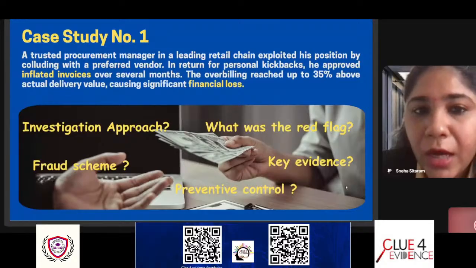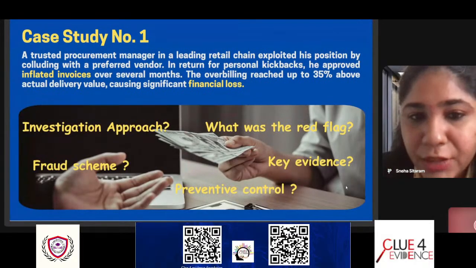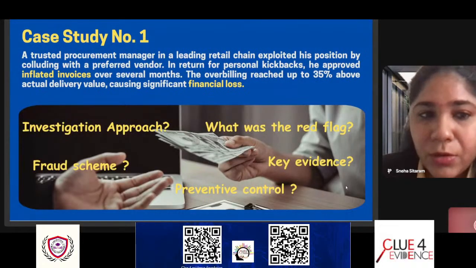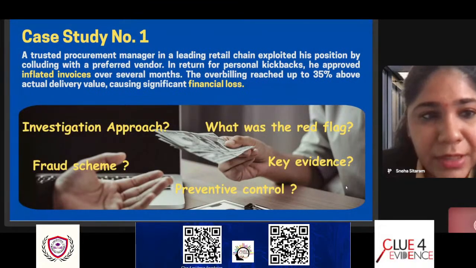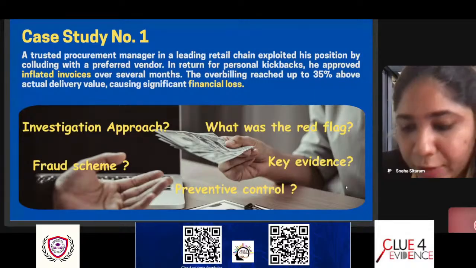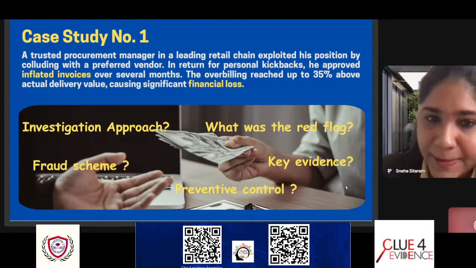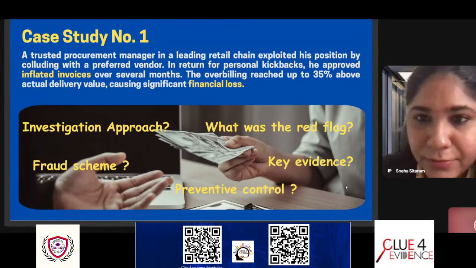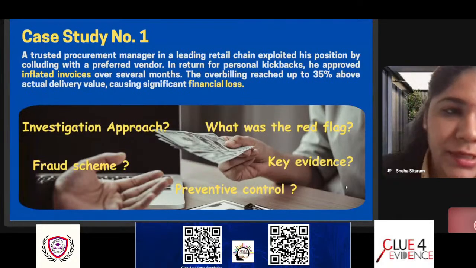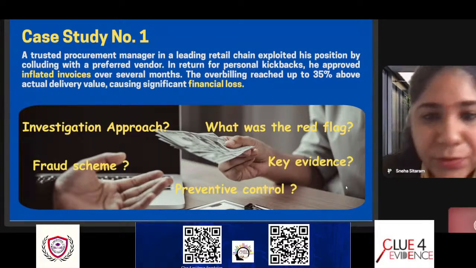So how do we approach this particular investigation to get the evidence is what matters over here. Can someone tell me what kind of investigation approach we can take, or what the red flag is here, and what kind of fraud scheme this is? Anyone can come up. You don't have to fully explain it, just small hints would also do.